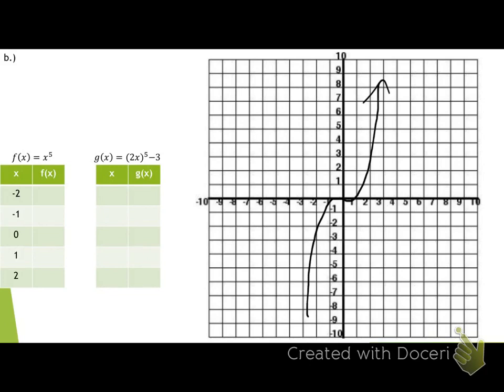There's my graph of x to the 5th. So it'd be 2x to the 5th minus 3.